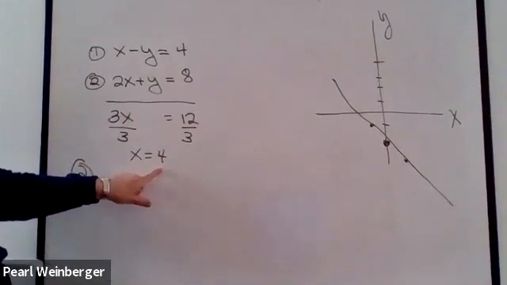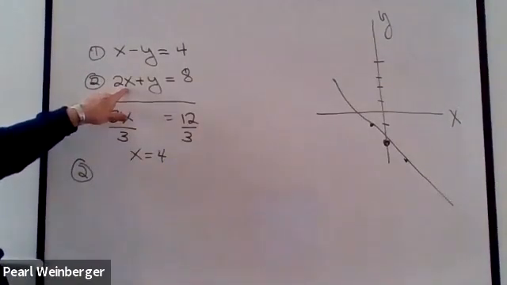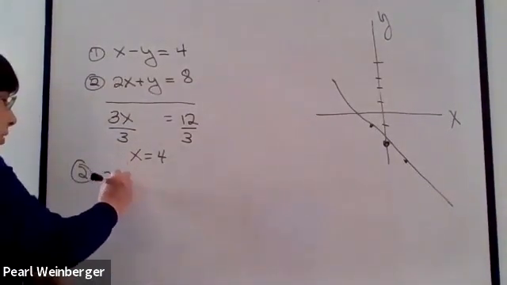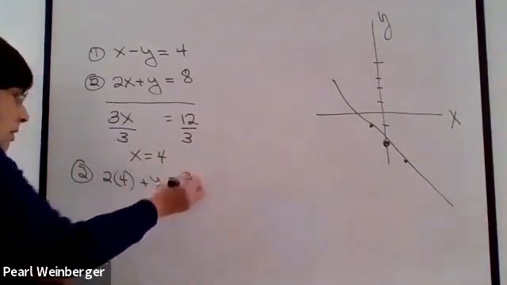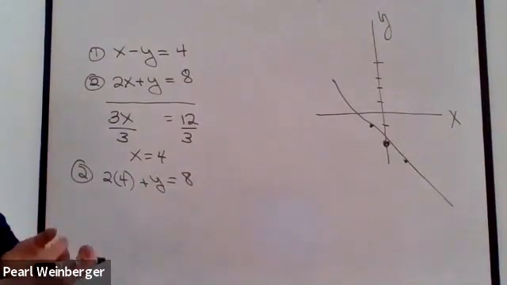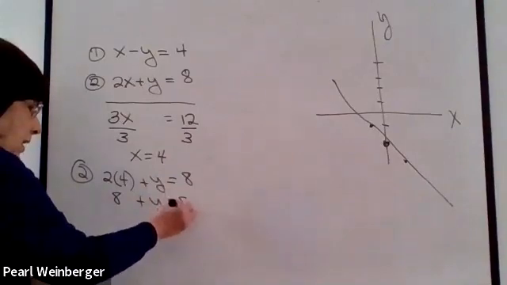And since I now know what my x value is, I'll replace the x with 4. That'll give me 2 times 4 plus y equals 8. And that gives me an equation that now only has y's. It doesn't have any x's. 2 times 4 is 8. So I have 8 plus y equals 8.